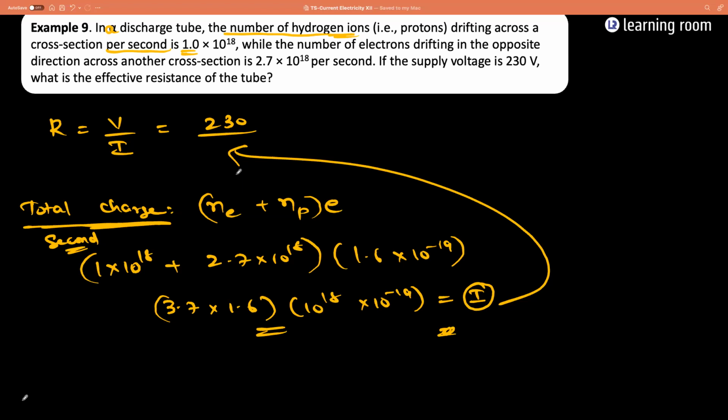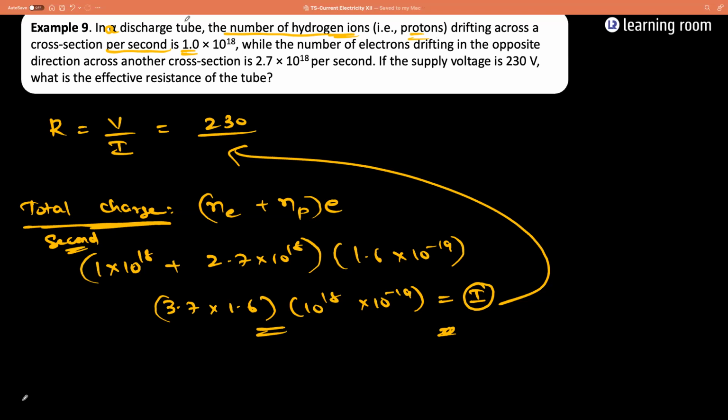Sir, usually we don't take into account the number of protons. Why in this question? Because here, it's not like it is an atom. In an atom, it is the electrons that constitute the charge, electrons are lost or gained.